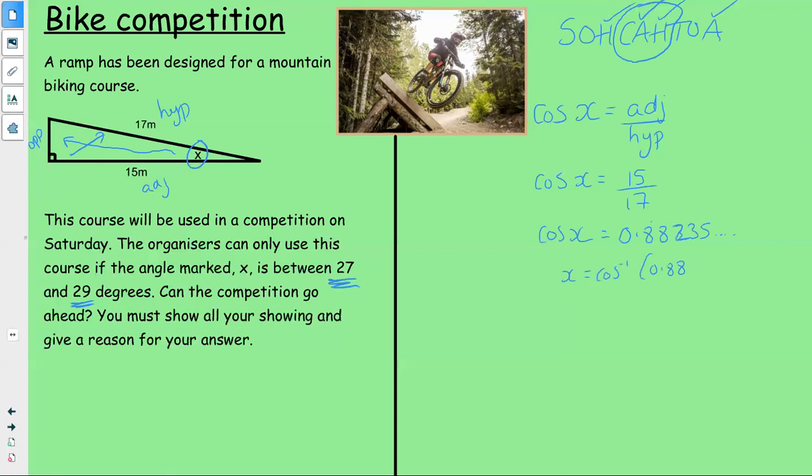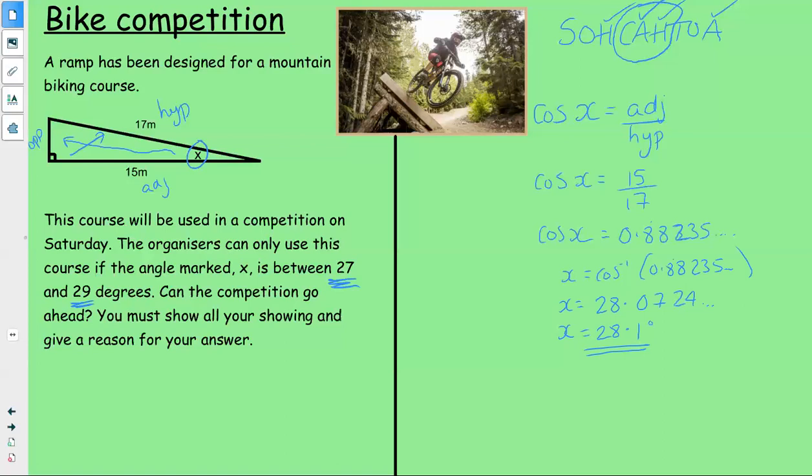Keep that number in your calculator, remember, and press shift to get to the inverse button cos. You press shift and press the cos button, and then previous answer. And it should give you an answer of 28.0724. To 1 decimal place, 28.1 degrees.